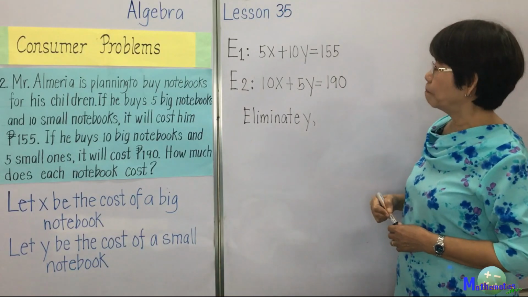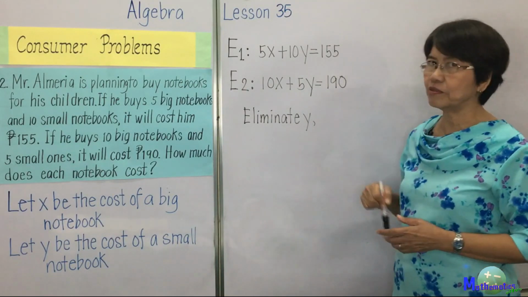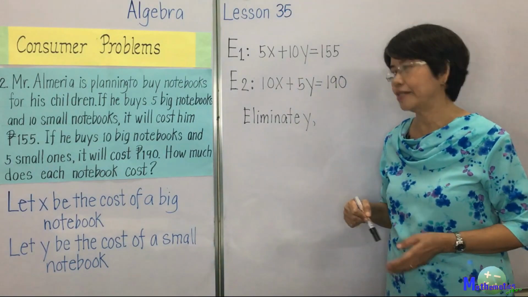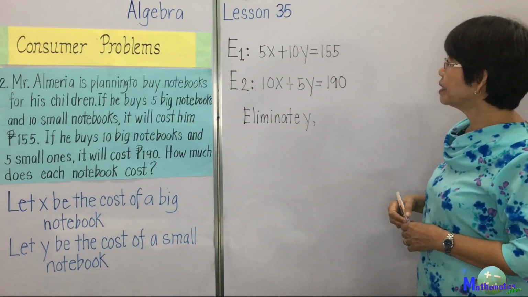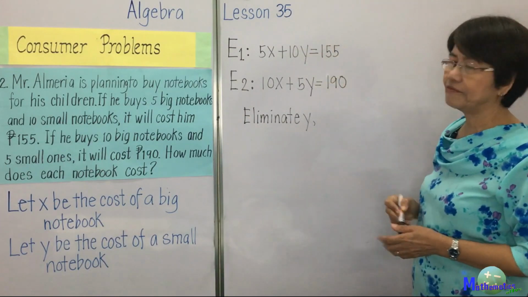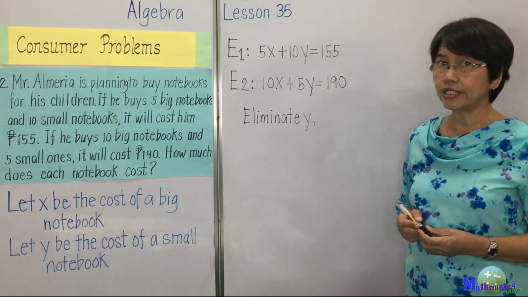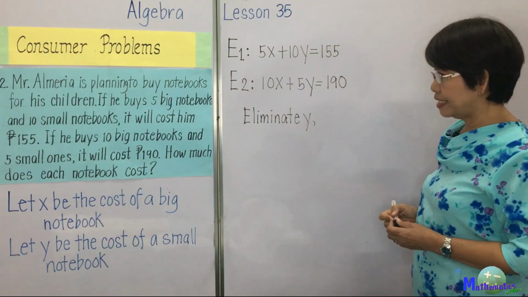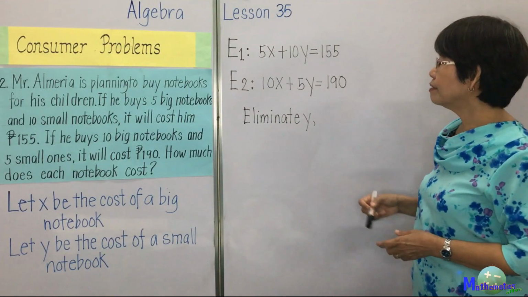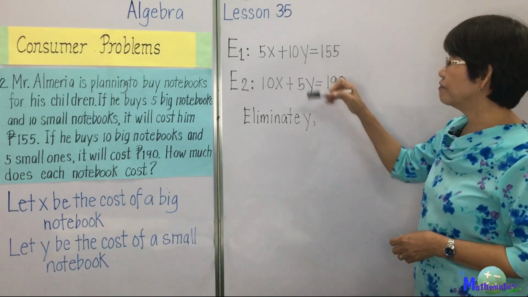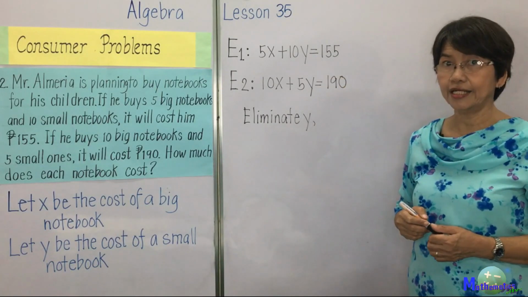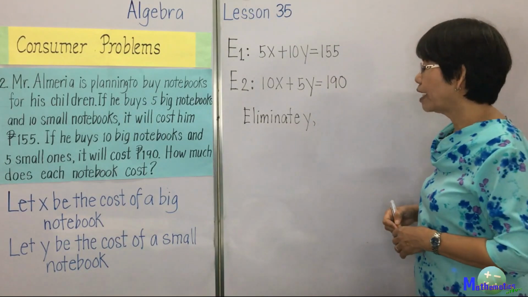So, we will eliminate one of the variables and let us eliminate y. To eliminate y, we have 10 here and 5 here, and the LCM is 10.